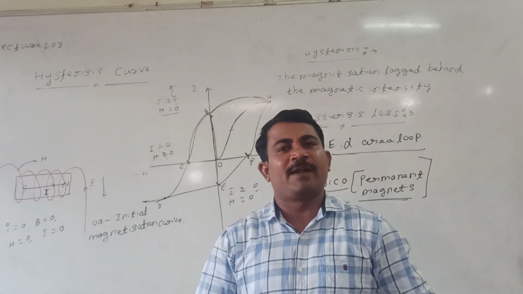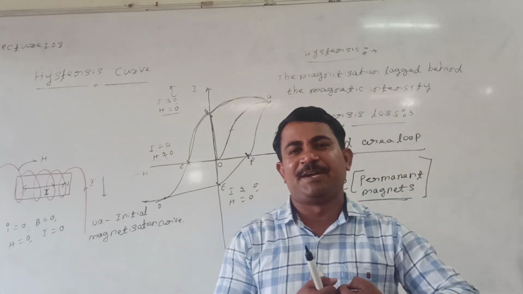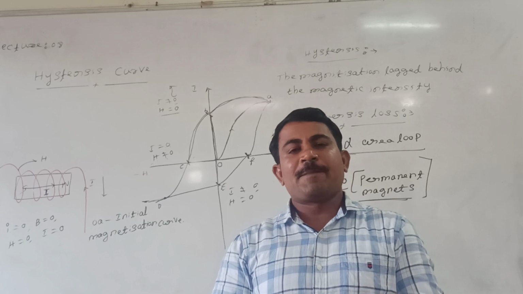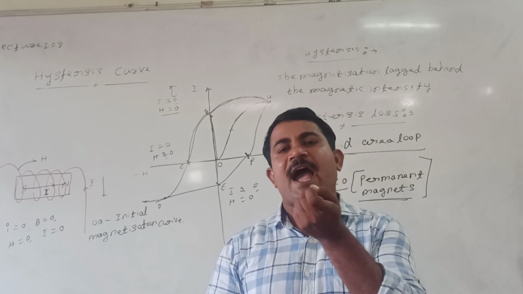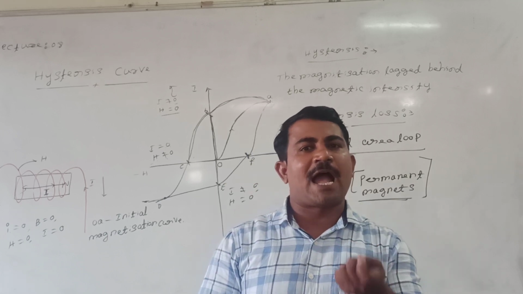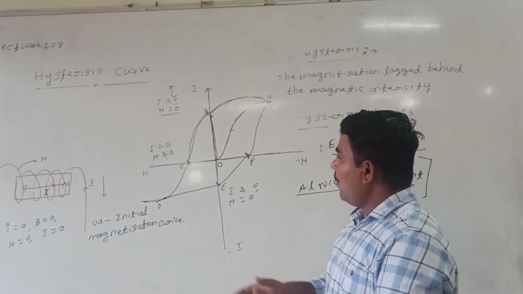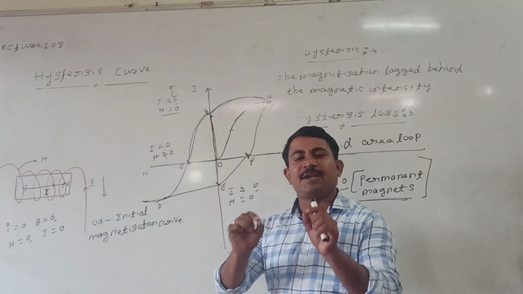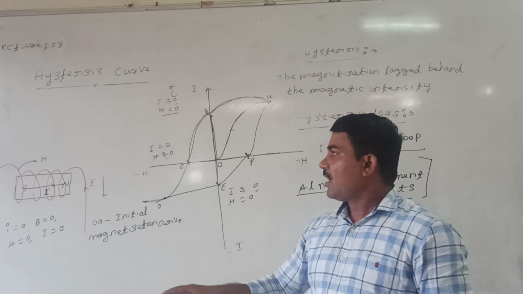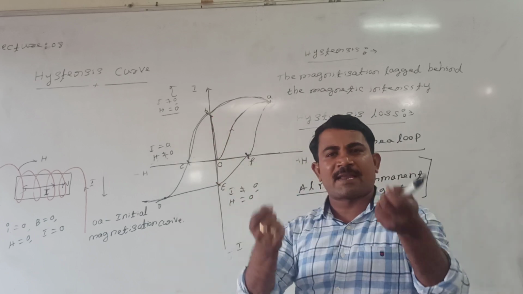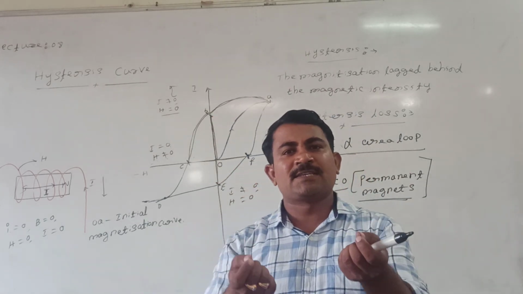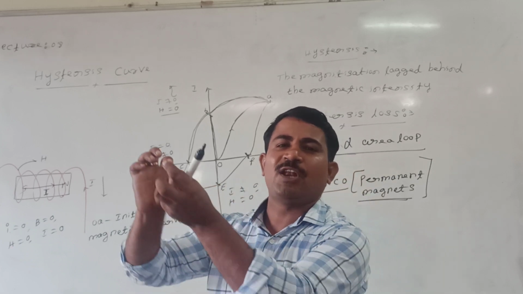To be a permanent magnet, some conditions are valid. For a permanent magnet there must be high coercivity and high retentivity. High coercivity means once you magnetize it, it never gets demagnetized. Retentivity means once you magnetize it, that magnetic property remains for a long time.